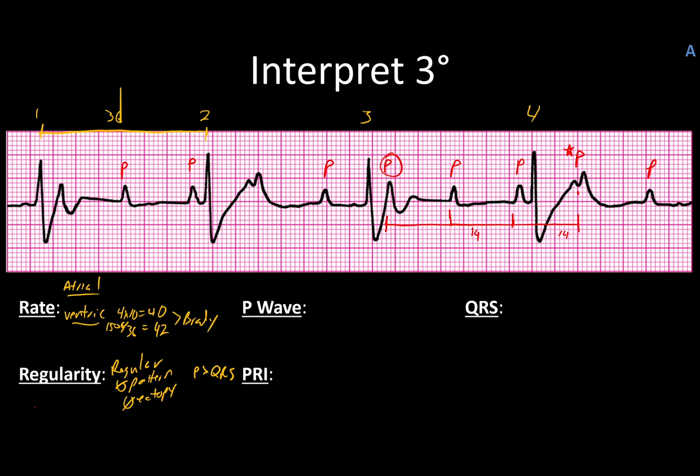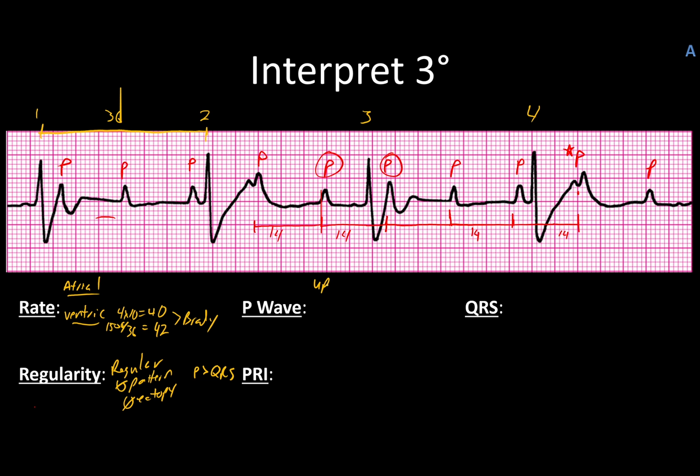And so I can actually mark this out, because if I go another 14 this way, sure enough, that's that P wave. If I go another 14, and then that's that P wave. And if I measured back again, there's that one. So I actually found 4 hidden P waves on this particular rhythm.